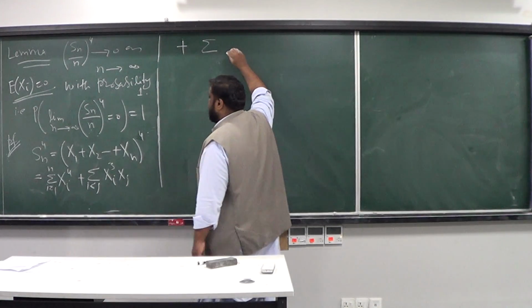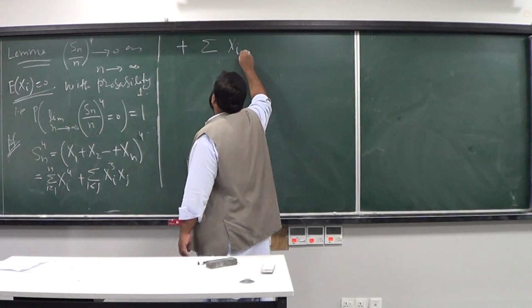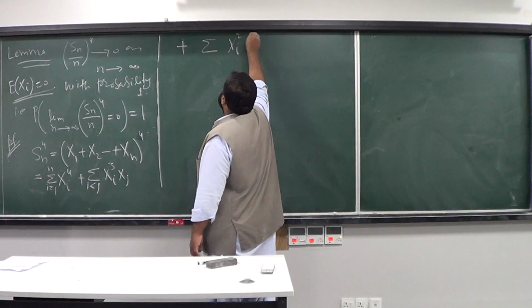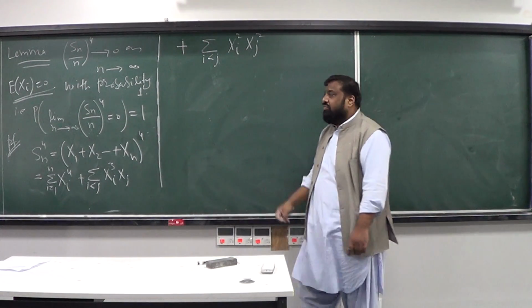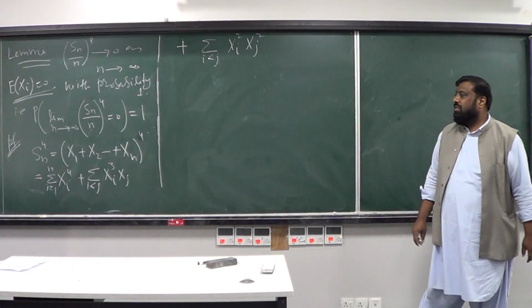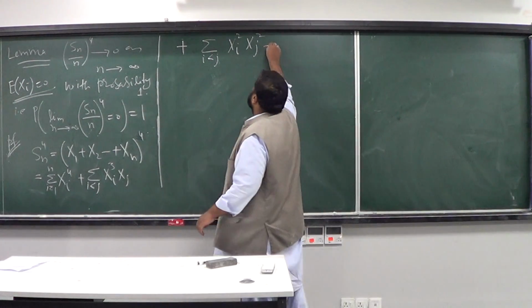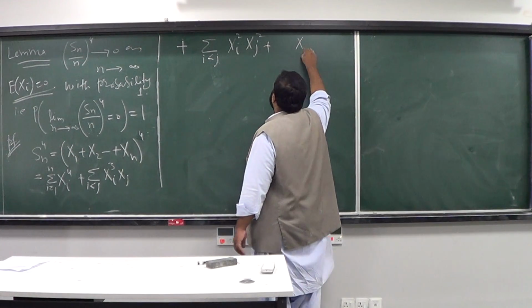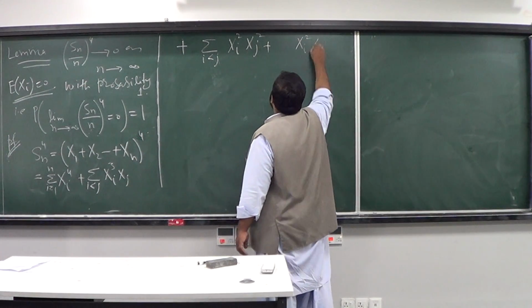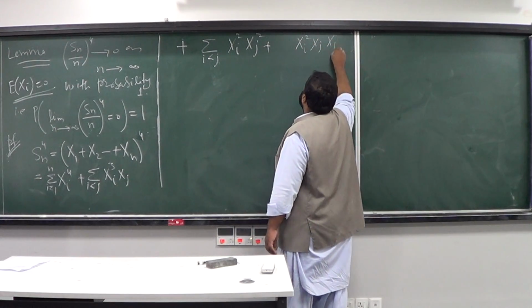Plus, what would be the other possibility? The other possibility would be the term xi xj square, with i less than j. This would also be a double sum. Plus, the other possibility could be say xi square, xj and xk.